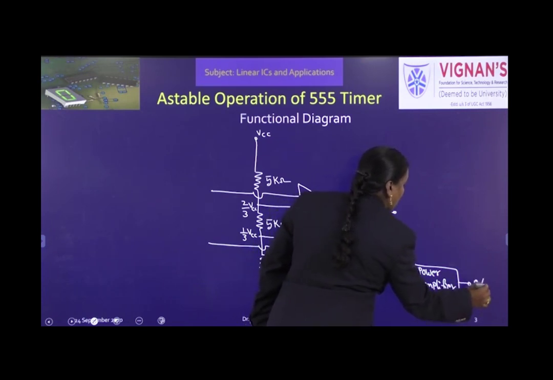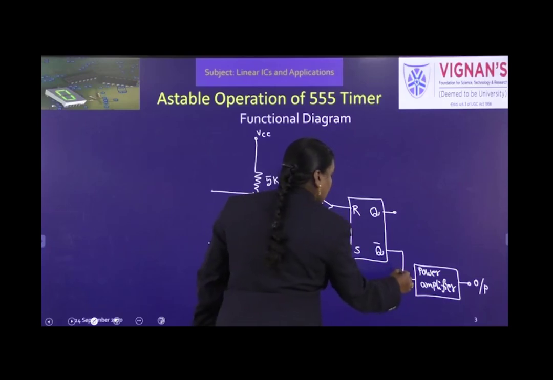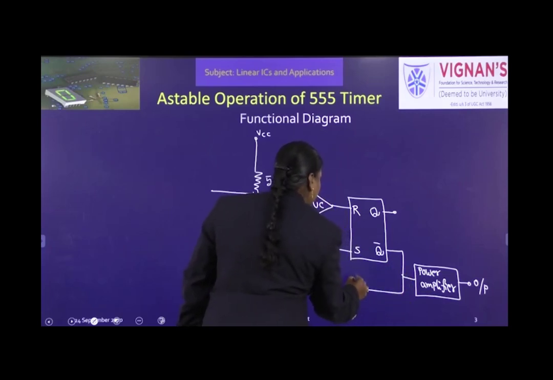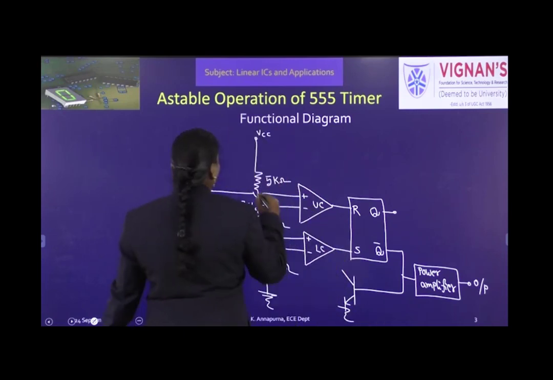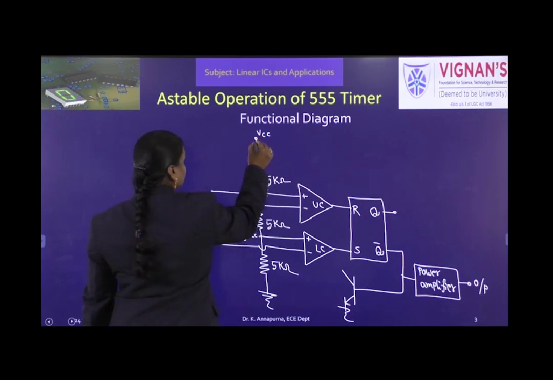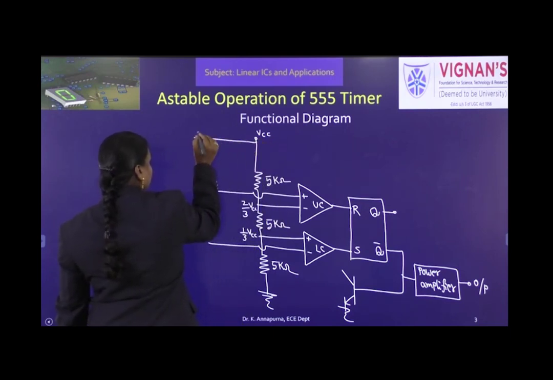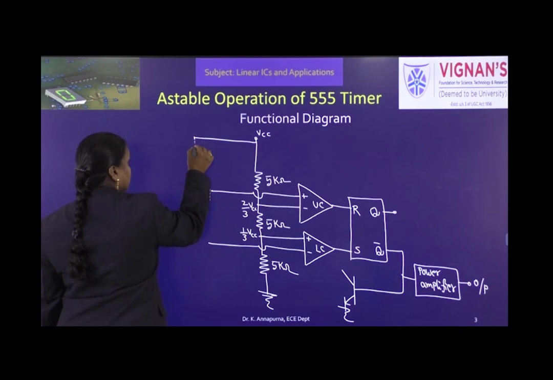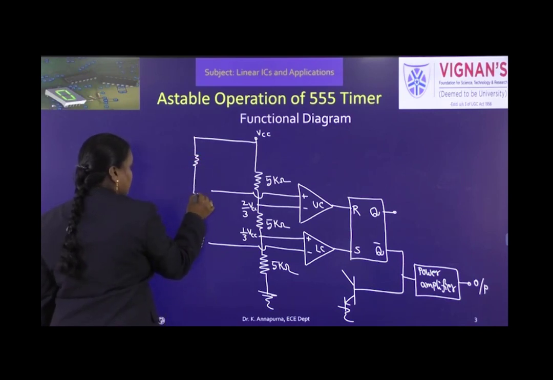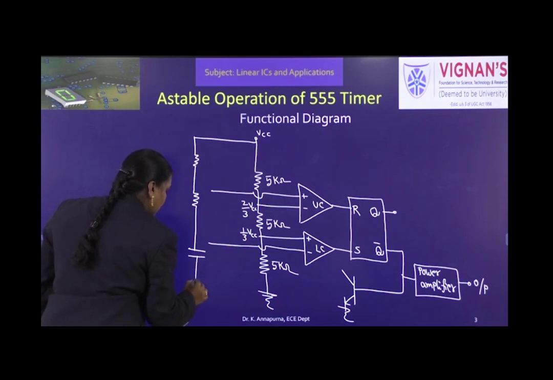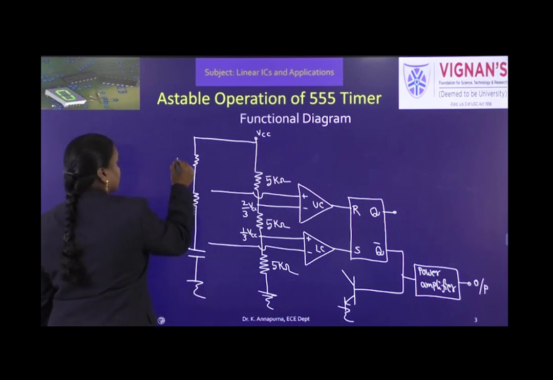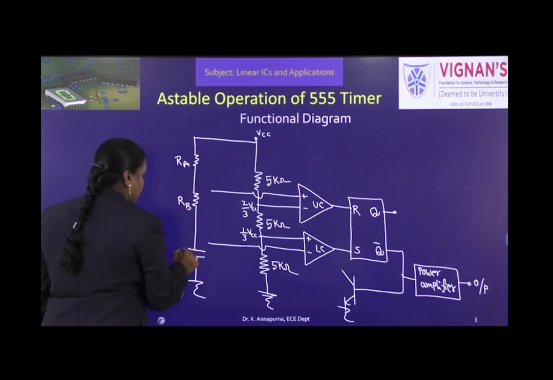So here we will take the output, and from this it drives the transistor. And here instead of only 1 resistor, we will have 2 resistors, RA and RB. So that is one difference. This is RA, this is RB, and this is C.